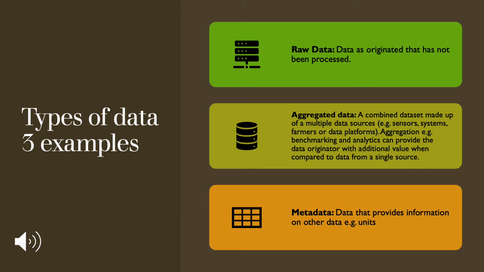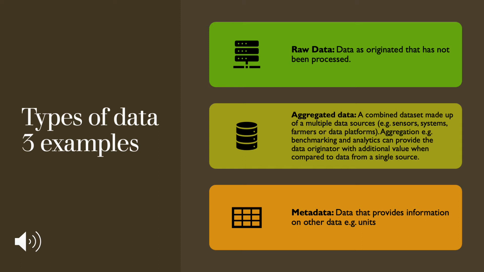We can think of aggregated data. Data sets where we have taken data from a range of different sources and we've drawn it together. And it's in that drawing together and analysing process that we then give that data meaning.